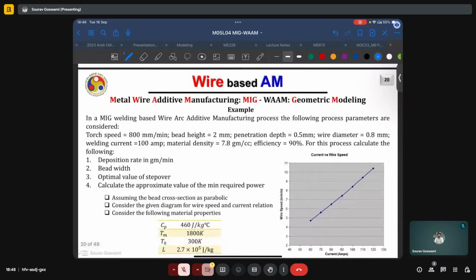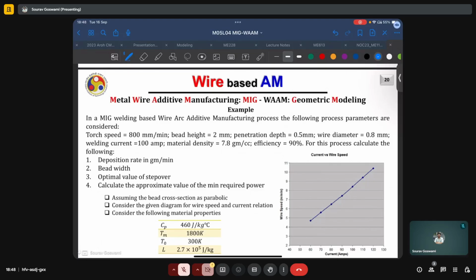An example of the geometric modeling of MIG-WAM process has also been discussed here in the slides. And it says, in a MIG welding based WAM process, the following process parameters are considered, being the torch speed, the bead height, the penetration depth, the wire diameter, welding current, material density, and process efficiency.